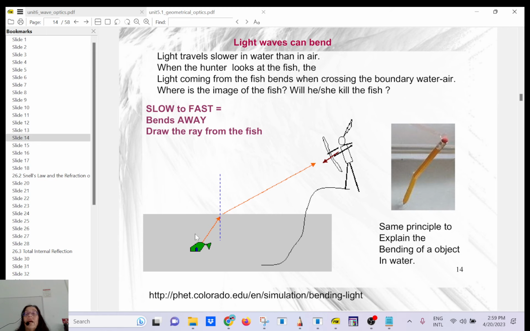You're not going to see the actual position of the fish. You see that? It's going to be lower than what you see. So if you try to catch it, you're going to miss it, right?